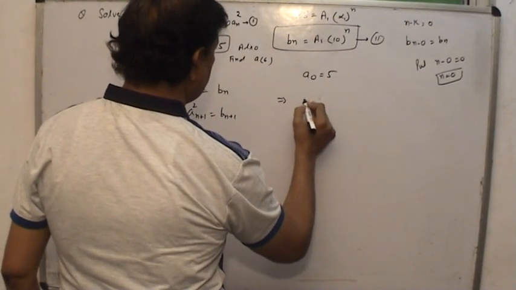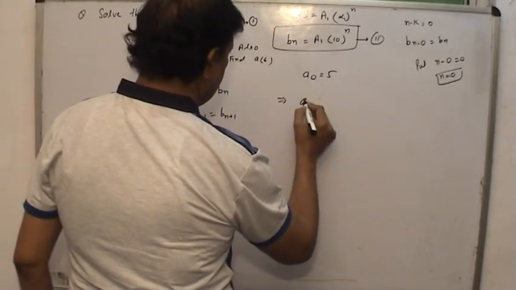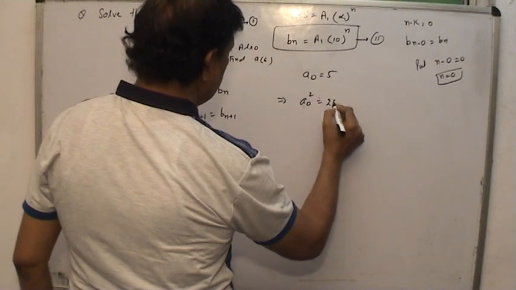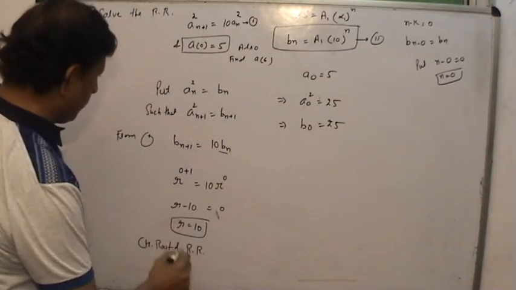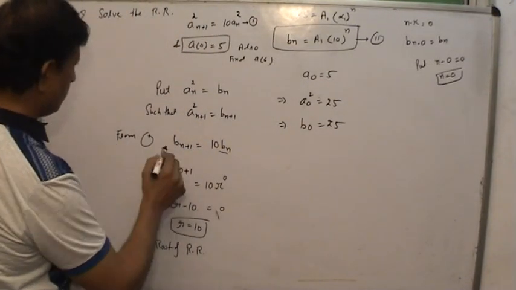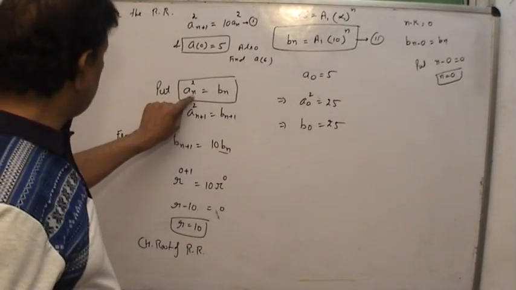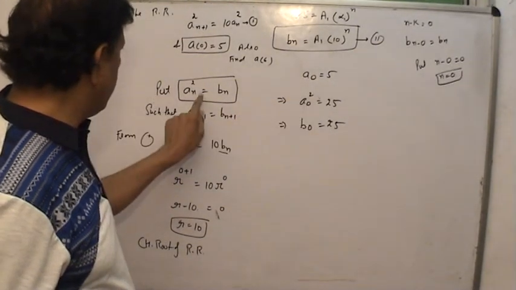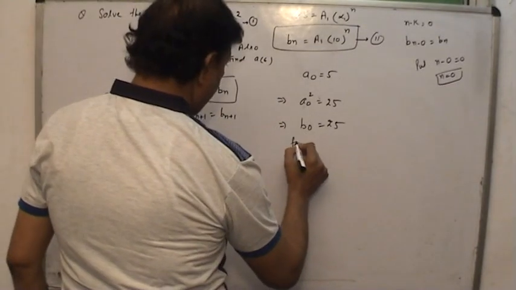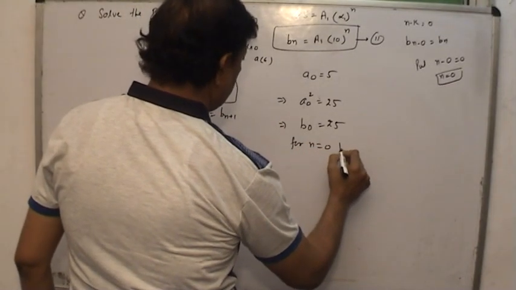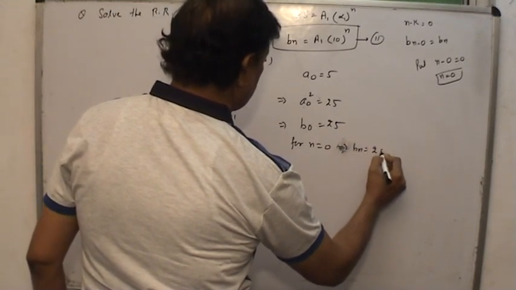This implies a square 0 is equal to 25. This implies b0 is equal to 25, because according to this relation a square n is equal to bn. If n is equal to 0, then a square 0 is equal to b0. It means for n is equal to 0, bn is equal to 25.